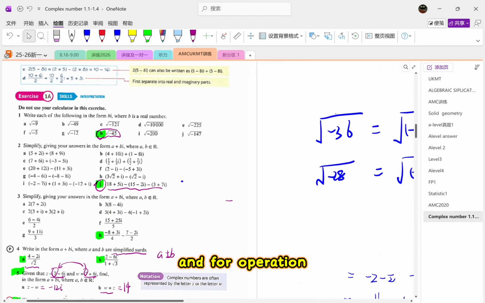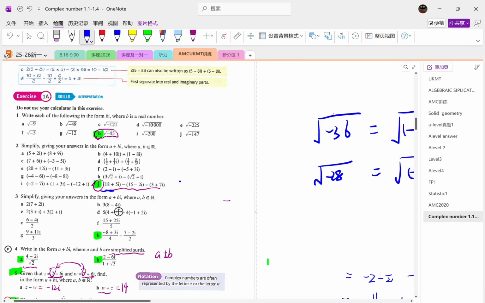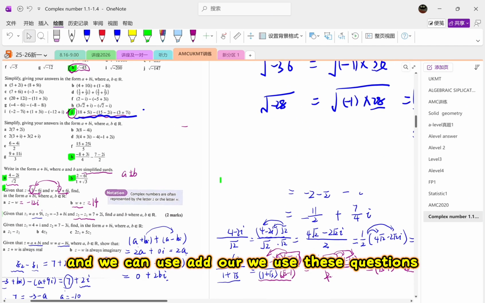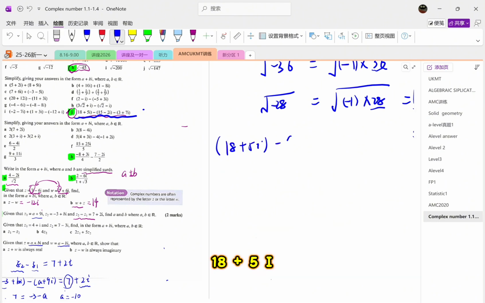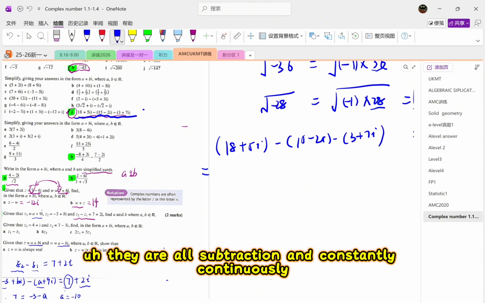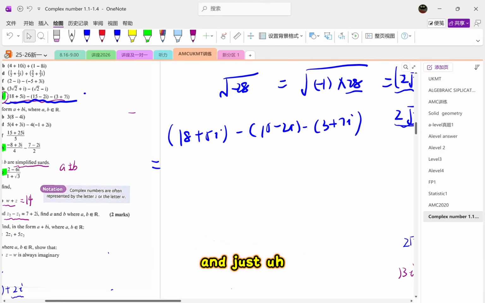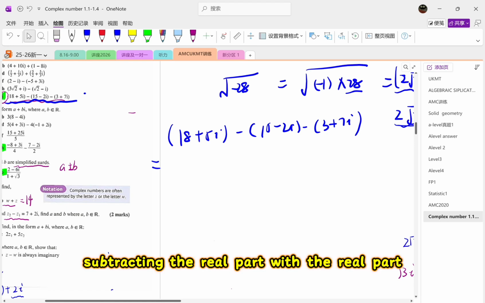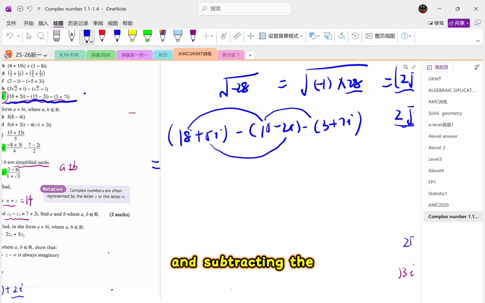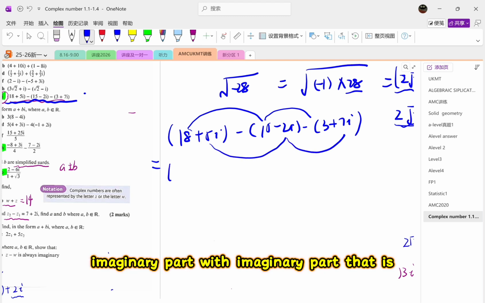And for the operations, we use these questions. 18 plus 5i. They are all subtractions, continuously, and we just subtract the real part from the real part, and the imaginary part from the imaginary part.